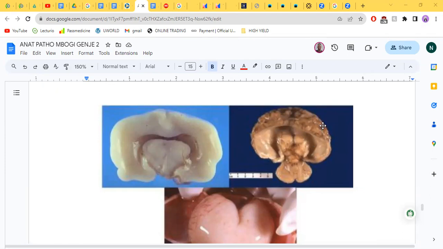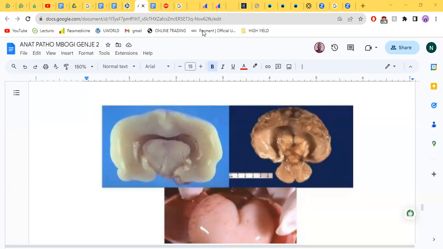There's semilobar, lobar. Yes. One more. Yeah, so there's semilobar, lobar, and alobar.